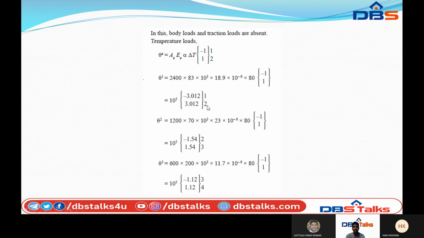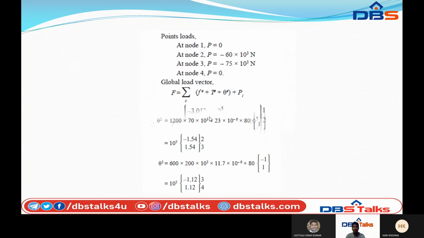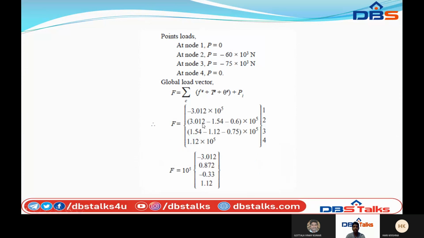Sorry, this will be in descending order, decreased from the above. This is for the force vector of the second element, 3.012, minus 1.54, and including the point load minus 60 into 10 cube and into 10 power 5.